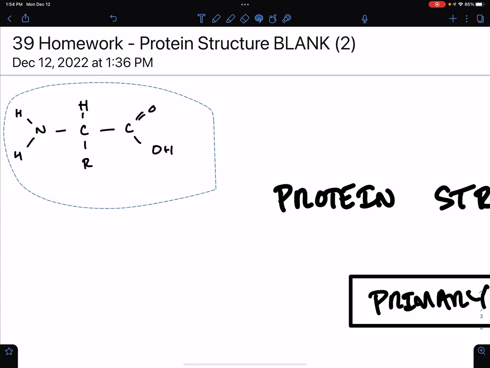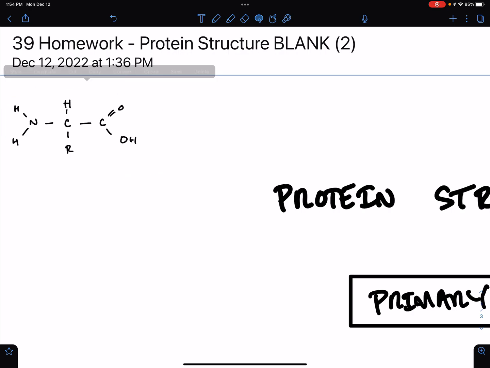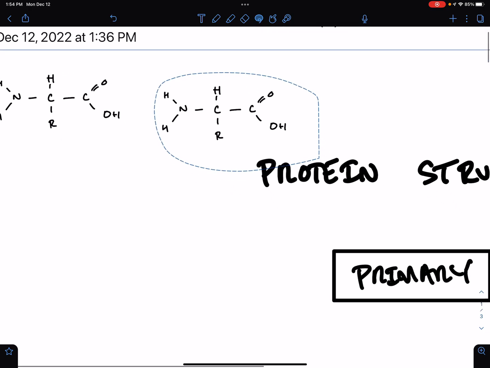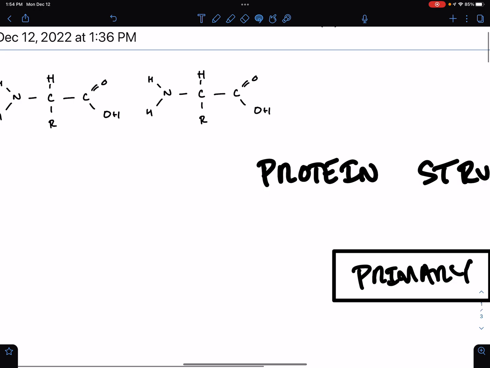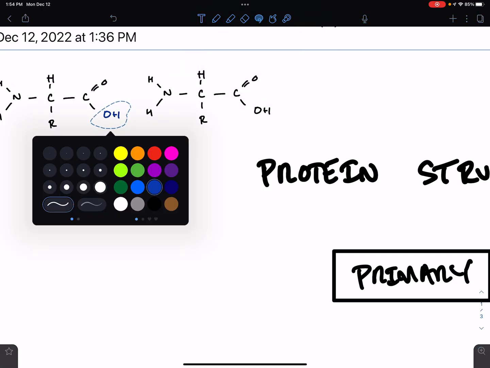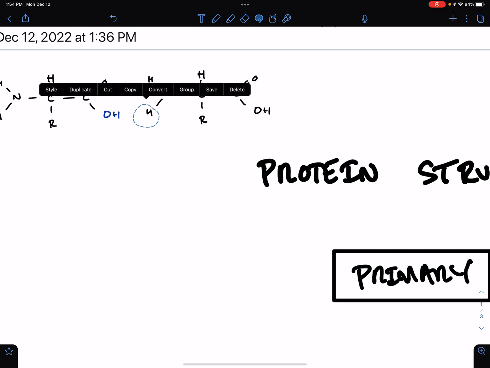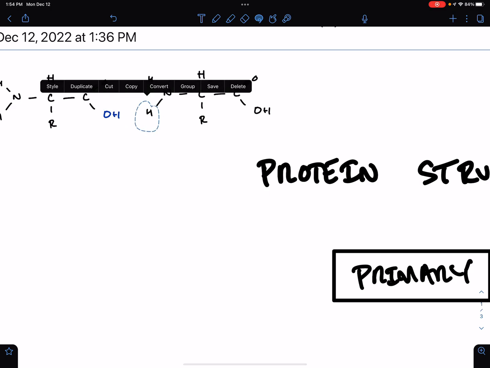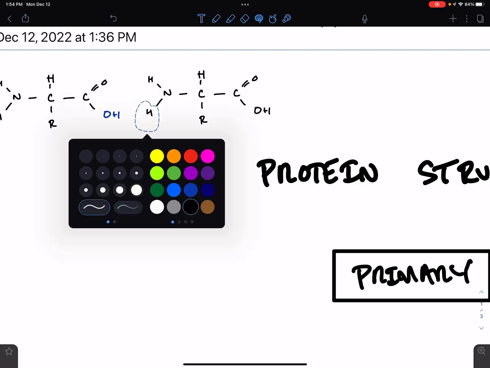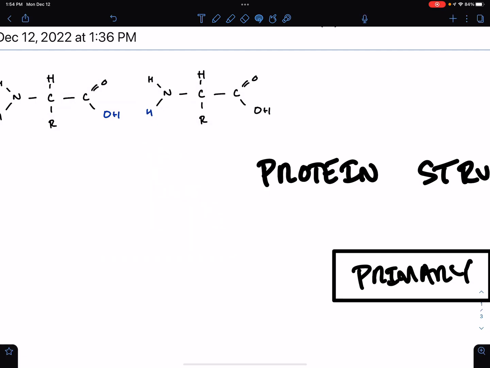Okay, you're all going to hate me. I apologize. I'm going to copy this, paste it again here, and I'm going to take this OH group and turn it blue, and this hydrogen also blue.